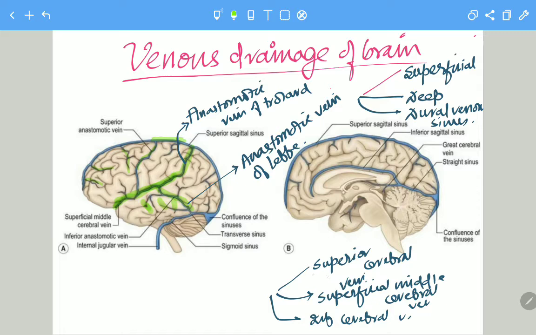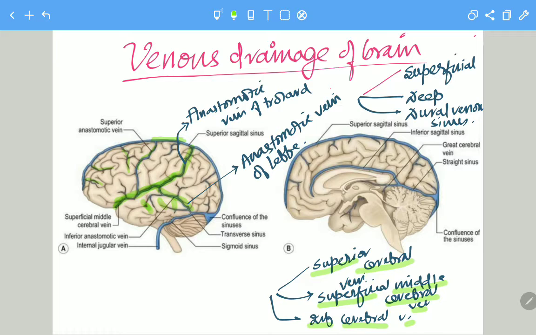So these are the three important superficial veins draining the lateral surface: the superior cerebral veins, the superficial middle cerebral vein, and the inferior cerebral veins.